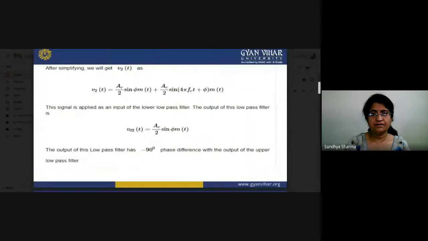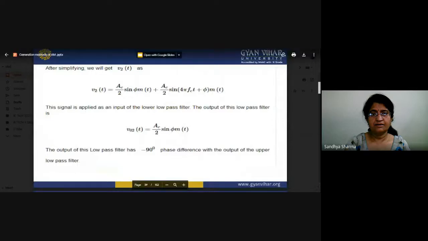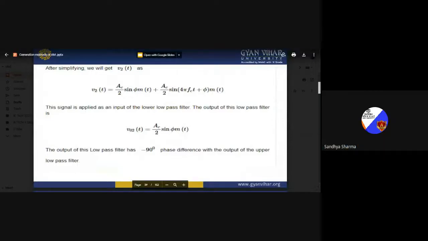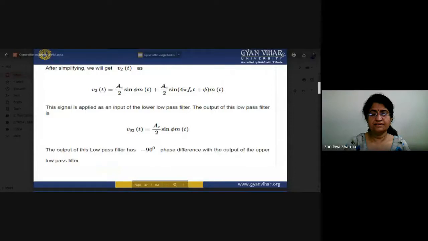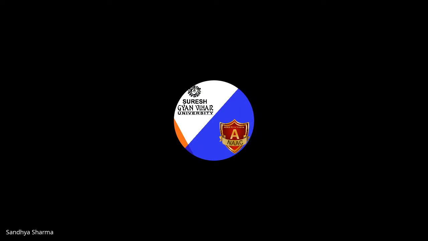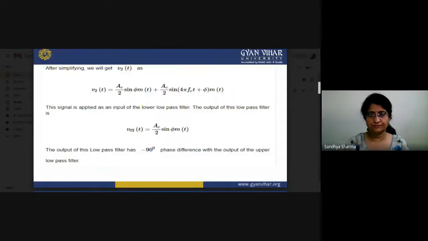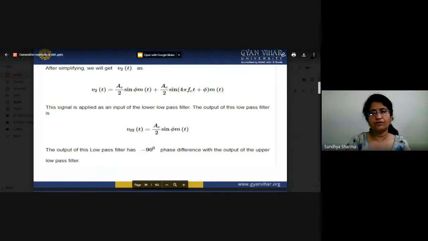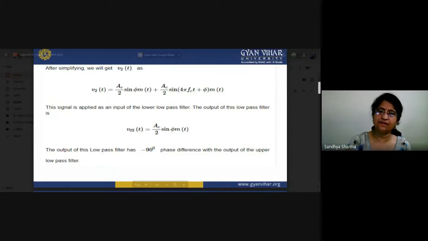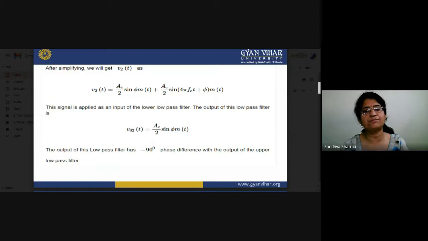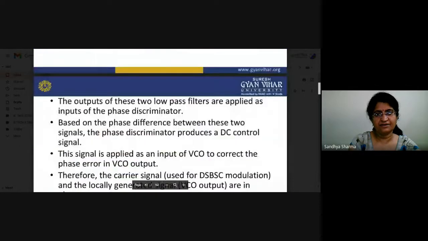In this diagram, you can see m(t), and the signal is applied to the input of the low pass filter. At the input of this low pass filter you can see Ac by 2 sin phi, so you can easily remove this type of phase difference by using the low pass filter, and the remaining will be our desired output.